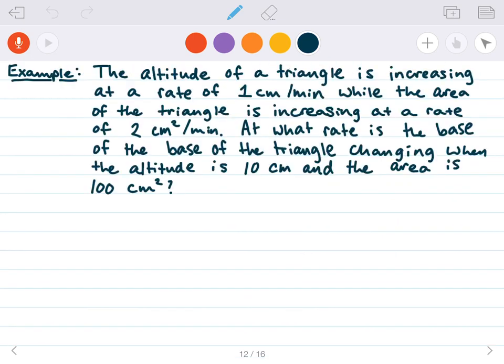All right, let's do this example here. It says the altitude of a triangle is increasing at a rate of 1 centimeter per minute. All right, so we're given a rate. Let's first remember what the altitude is. The altitude is basically another word for height.